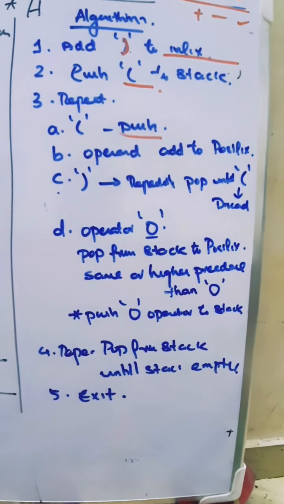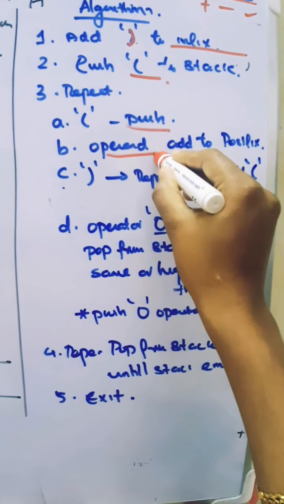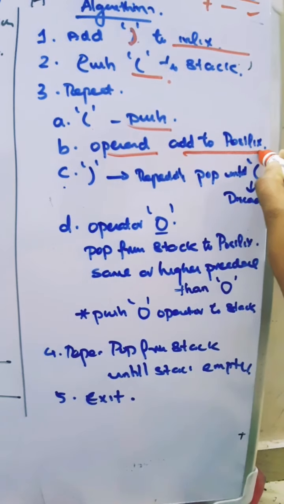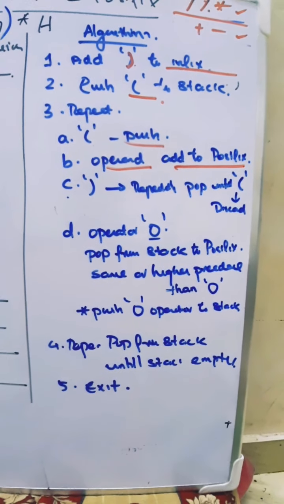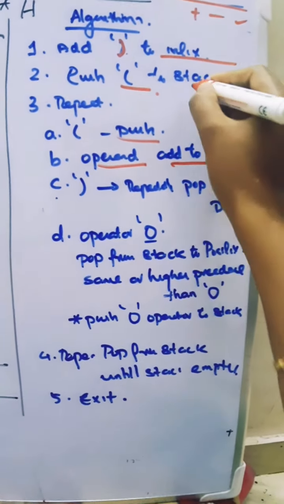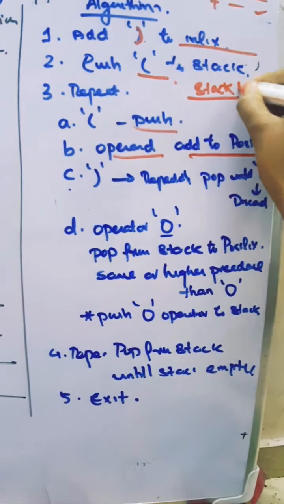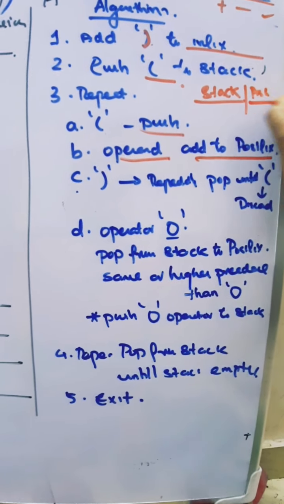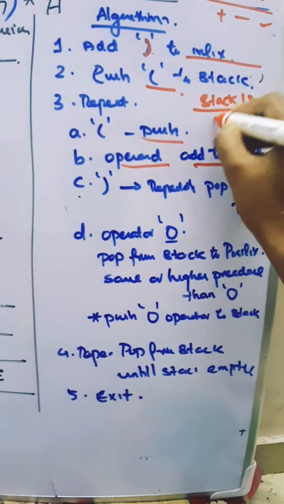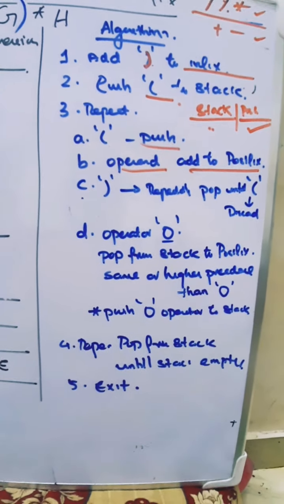Suppose while you are evaluating, you get an operand like A, B, C, D, whatever it will be, you have to add it to the postfix expression. Okay. So two things are there. The first one is the stack. We will keep a stack and a postfix expression. Here you will get the output, and we are keeping one stack for handling operators.